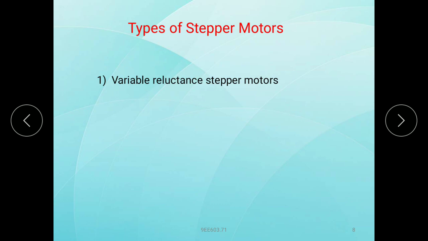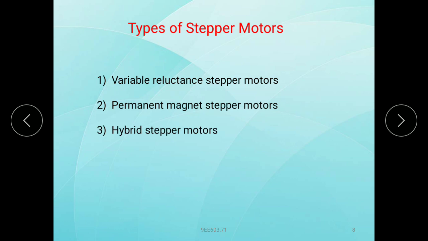The types of stepper motors are variable reluctance stepper motors, permanent magnet stepper motors, and hybrid stepper motors.